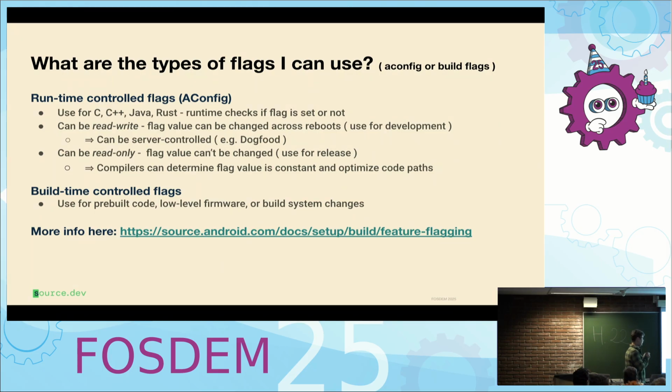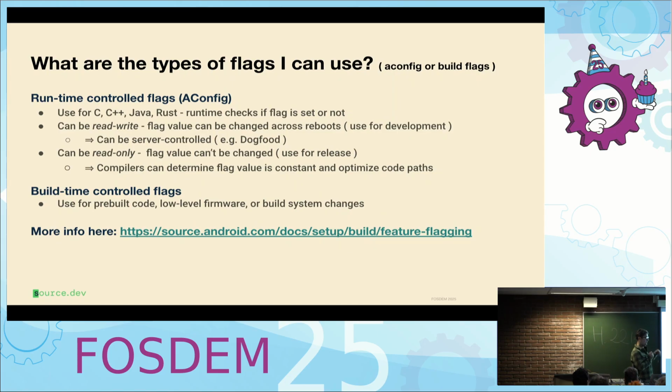And then there are two types of flags. Read-only flags. These flags are basically the flags that you would have for the release. Once you set the values as read-only, compilers would actually understand that some portion of code is dead code and would eliminate that and optimize the code for you.